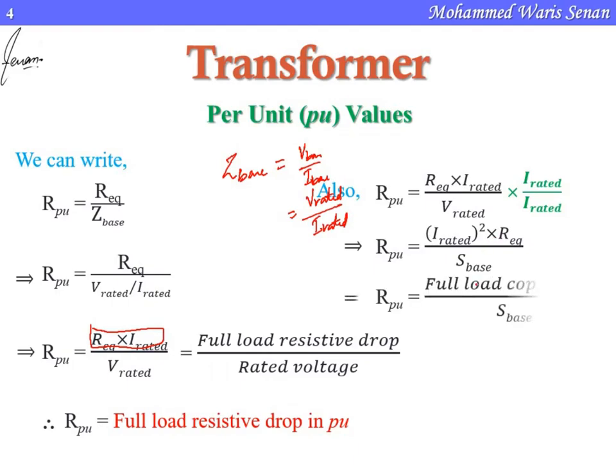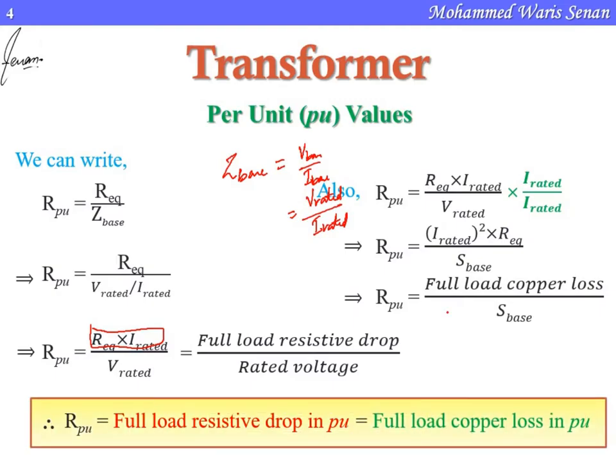So we can write it as full load copper loss divided by S base. Now full load copper loss is a power loss, and this power is divided by the base value of the power, so it will be represented in per unit. So we can say this R per unit will also be equal to the full load copper loss in per unit. So this resistance in per unit is equal to full load resistive drop in per unit and also full load copper loss in per unit.